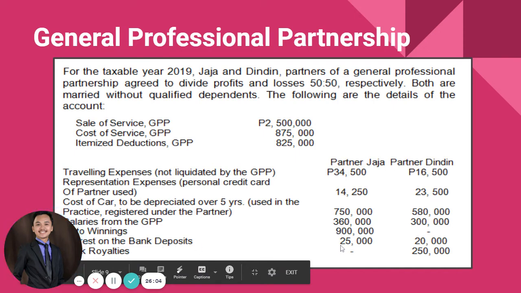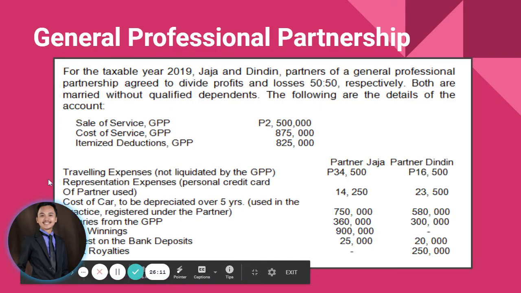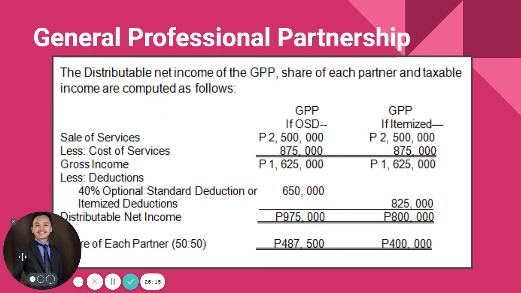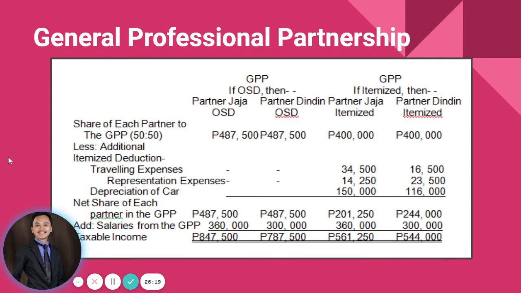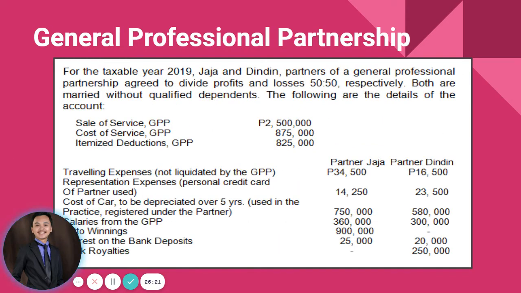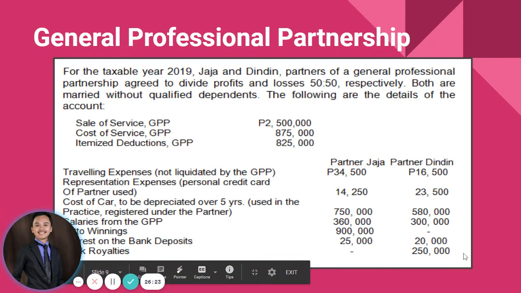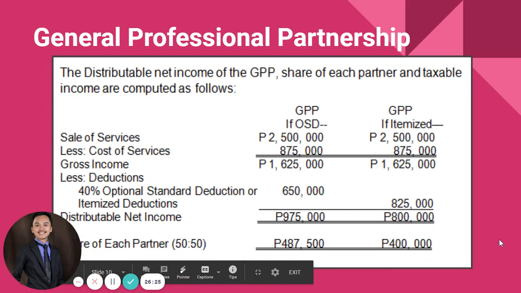Interest on bank deposit is passive income subject to 20% final tax. And then this is book royalties, guys. Book royalties of Dindin are subject to 10%. Okay? So that's 250,000, which will be subject to 10% for books.